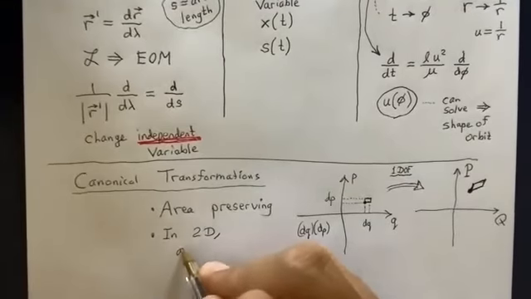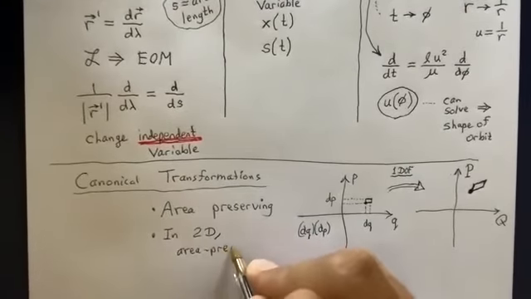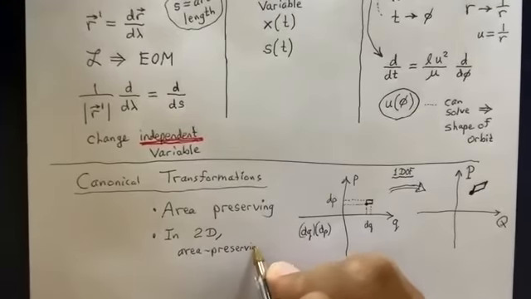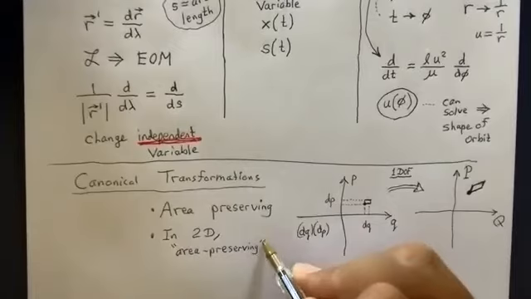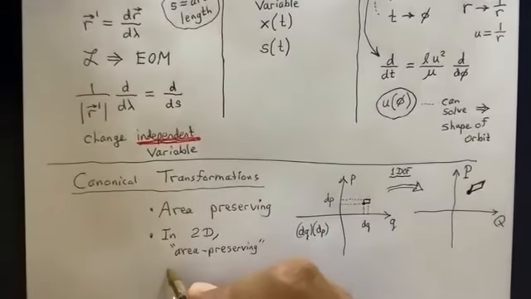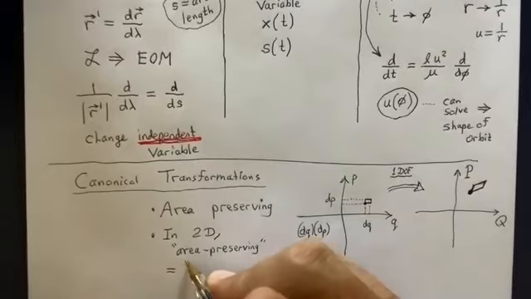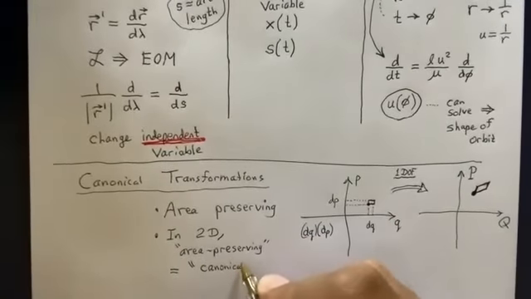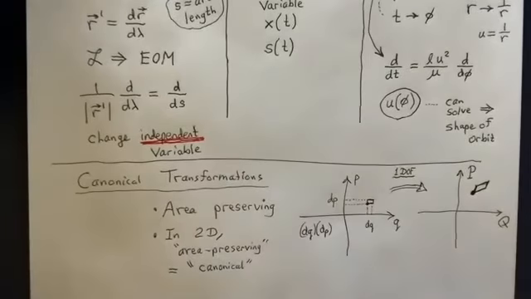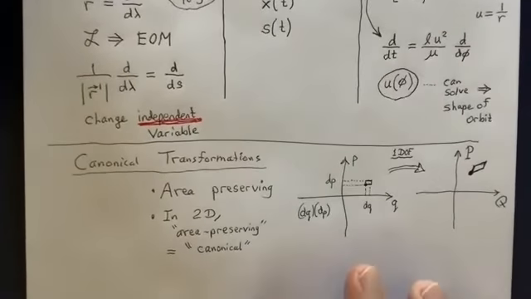So the concept of being area preserving is identical to being canonical. Okay, and that's important to us. Again, we're not going to prove this. We just want to appreciate some of these statements and appreciate the geometry here.